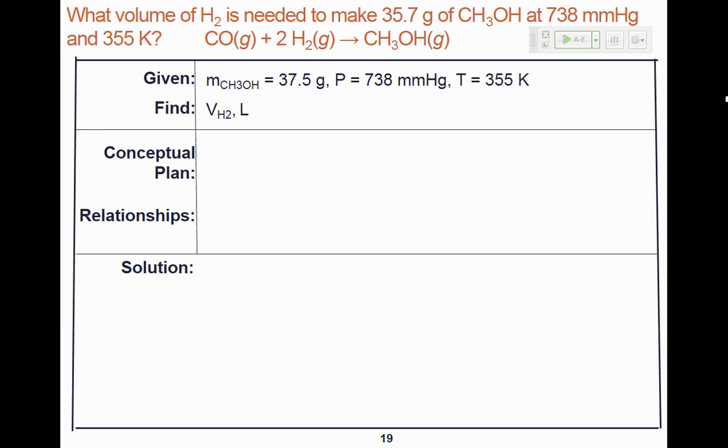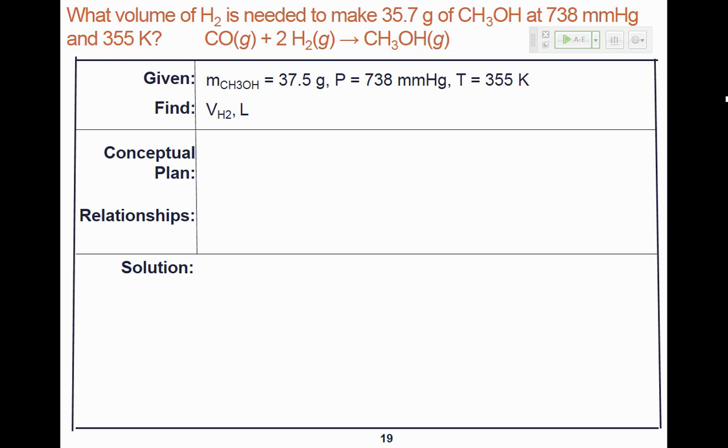That's what our chemical equation tells us. So if we can figure out the moles of CH3OH, then we can use our chemical equation. But our key is we have to get moles, because the relationship of our chemical equation is always a mole relationship, not a mass relationship, not a volume relationship. It's always a mole relationship.